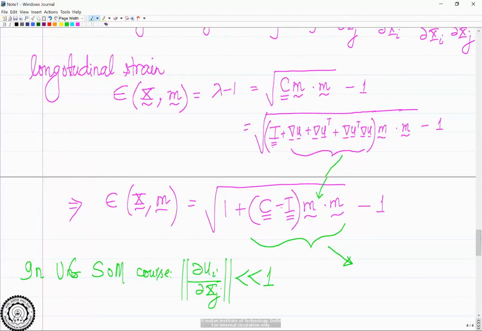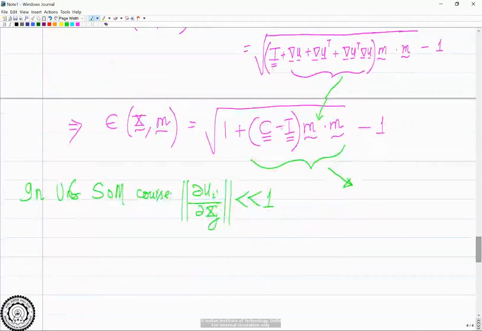If that is the case, this quadratic term over here will be a very, very small number.